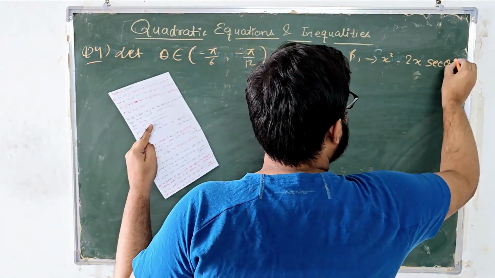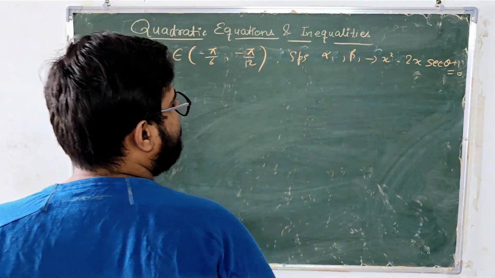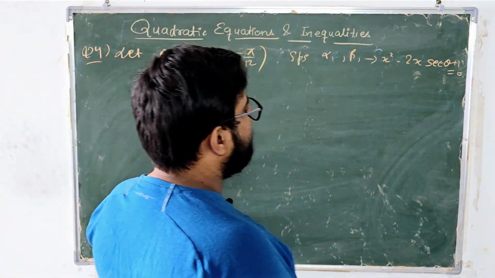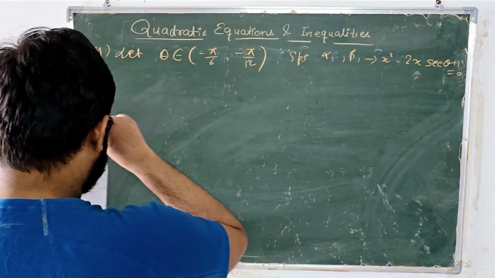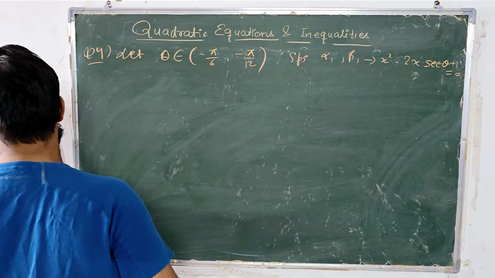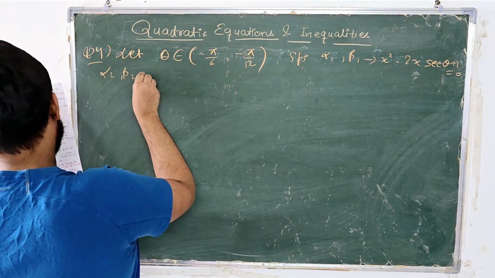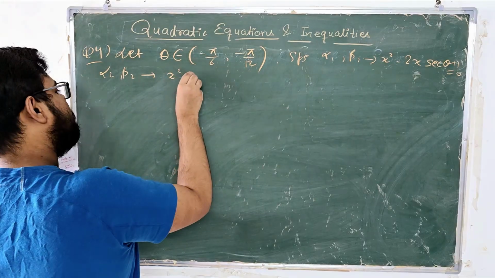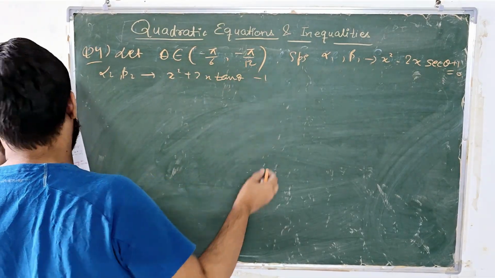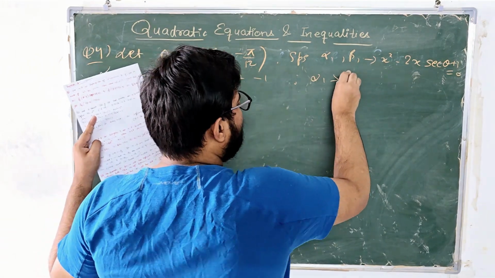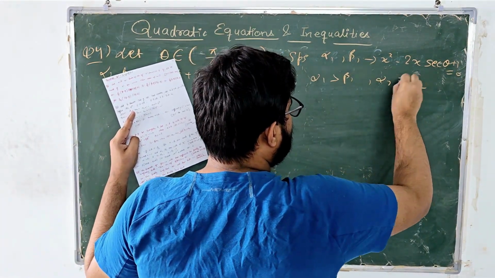So alpha 1, beta 1 are the roots of the quadratic equation x square minus 2x sec theta plus 1 is equal to 0. And alpha 2 comma beta 2 are the roots of x square plus 2x tan theta minus 1, and alpha 1 greater than beta 1, alpha 2 greater than beta 2.